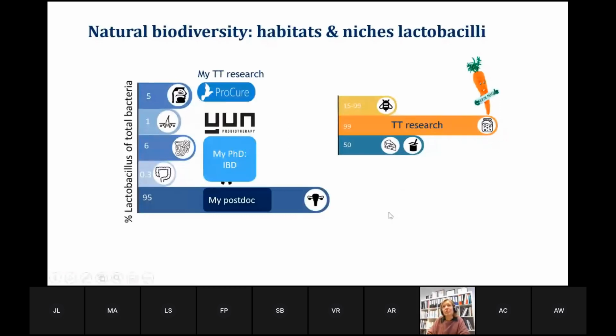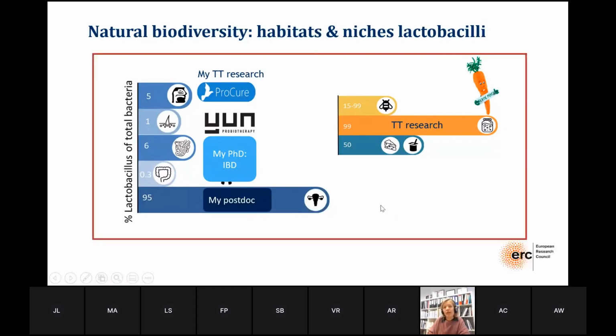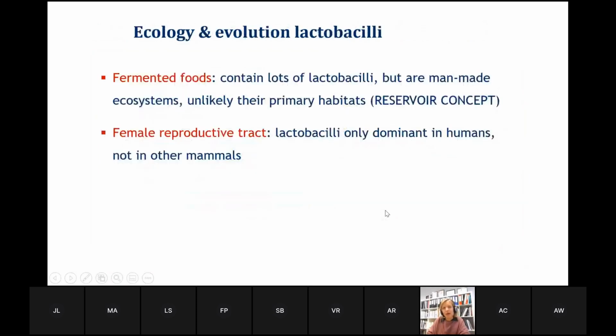So I really wanted to, in a way, take a step back from all these more applied research questions and have a more helicopter view on lactobacilli, which still focuses on two main habitats to explore their biodiversity.